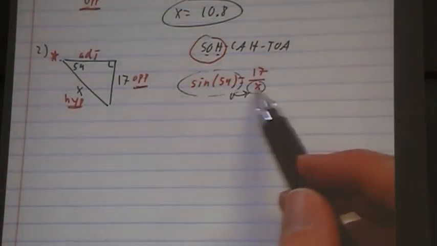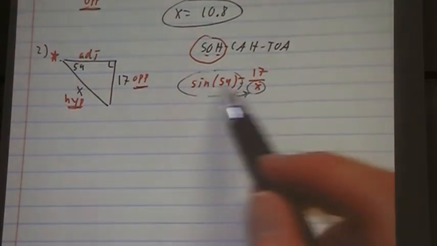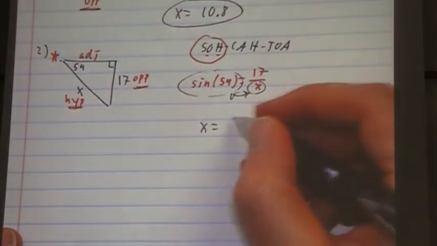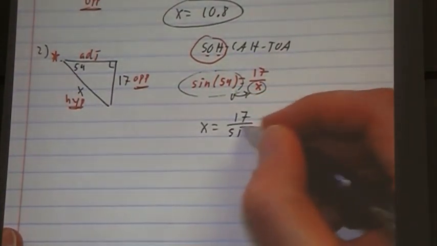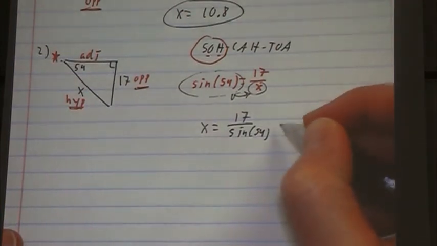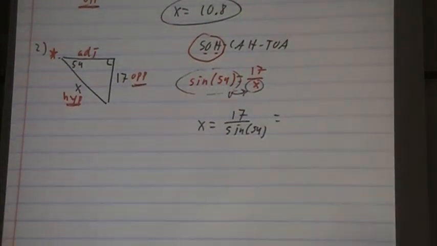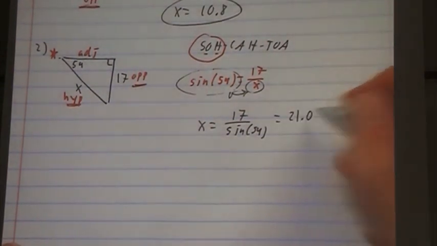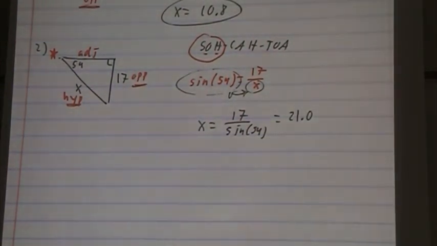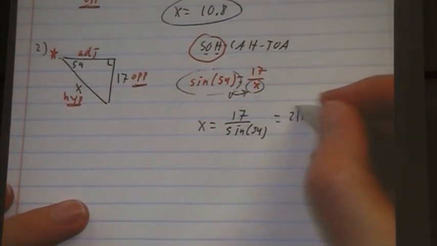But if you just remember, oh, I swapped the denominator with my other side, you're going to be just fine. It makes it a little easier. So x equals 17 over sine of 54. Put that on your calculator, and you're going to get 21 point something, but if you round it, 21.0. Okay.